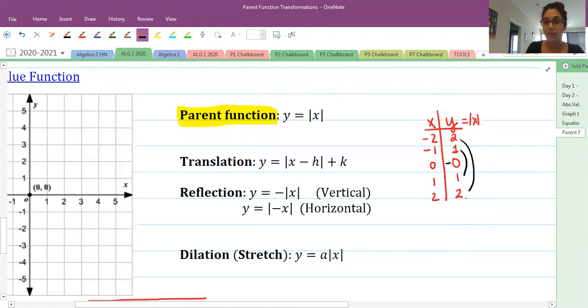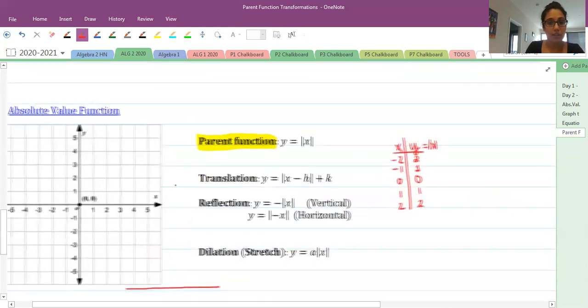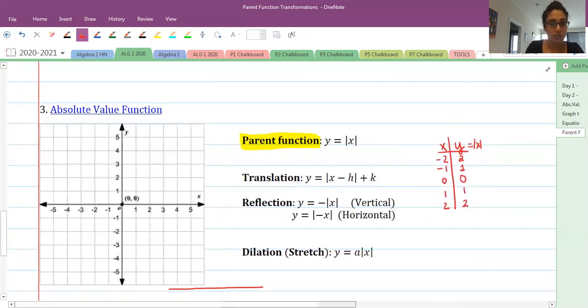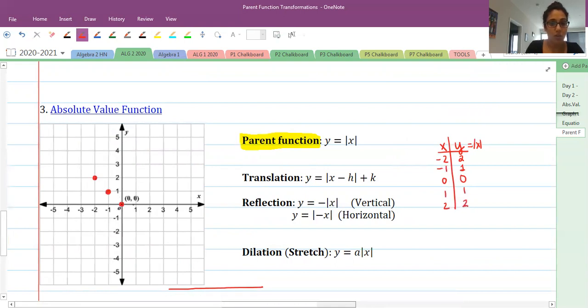So let's look at what that looks like on a graph. Let's zoom out a little bit so we can see the points. So we have 0, 0. Then -2, 2; -1, 1; 0, 0; 1, 1; 2, 2.